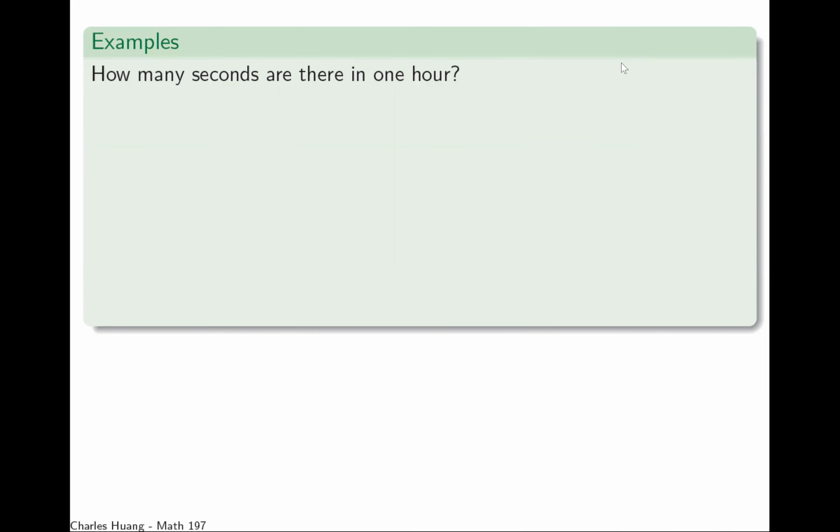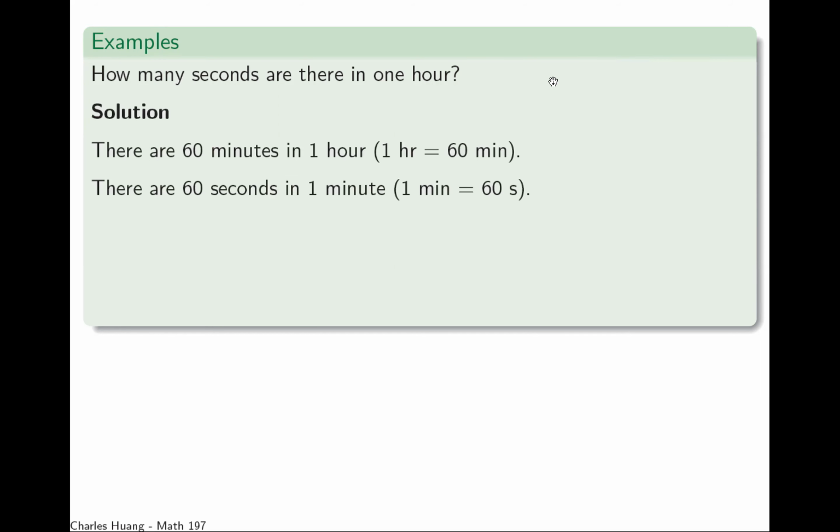So all the other examples I will be showing you today, you should pause and see if you can try it yourself. Now, in this particular one, we haven't given you the conversion factors, but it should be easy enough that you know that in 1 hour, there are 60 minutes and there are 60 seconds in a minute.